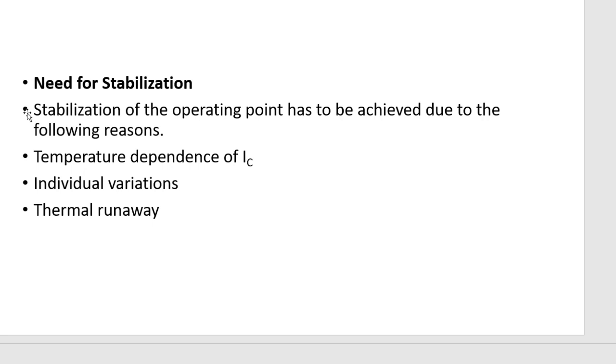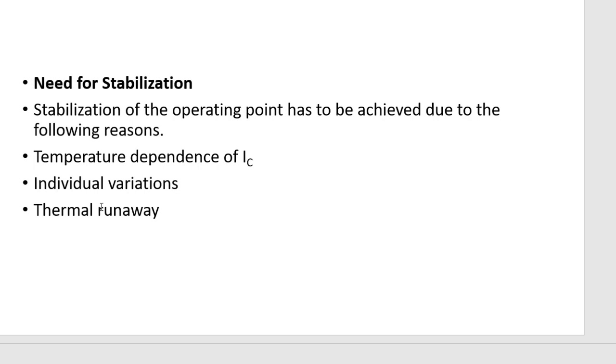And the last point is thermal runaway. I have already discussed the concept of thermal runaway in your previous semester. As the collector current increases due to a rise in temperature, the power dissipation across the collector will also increase.